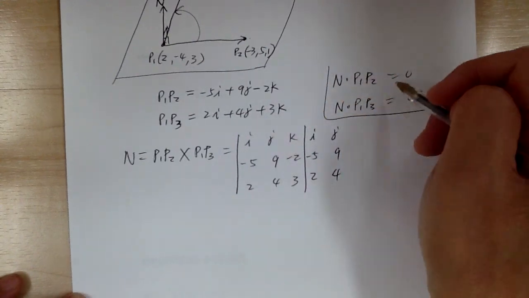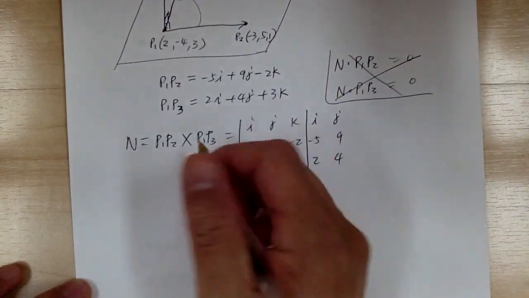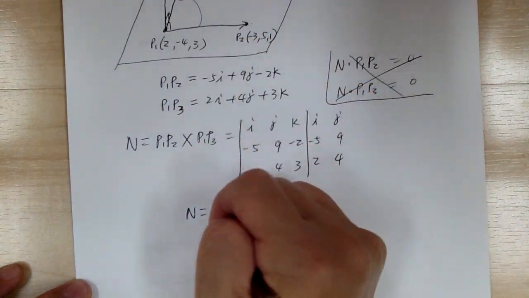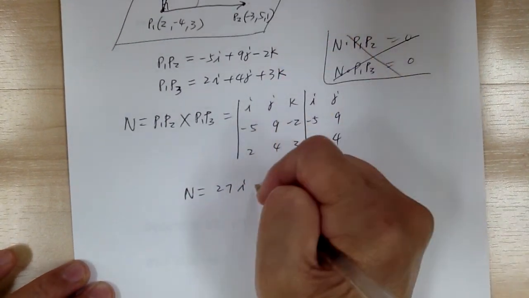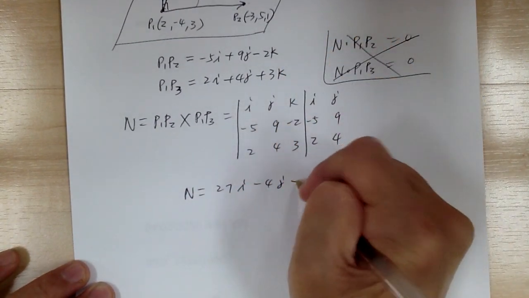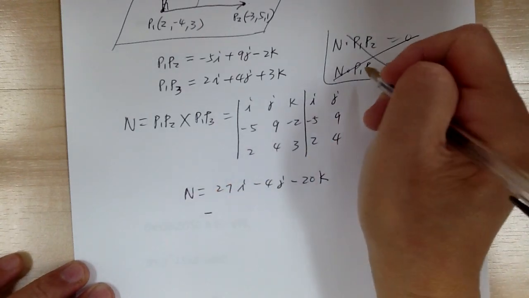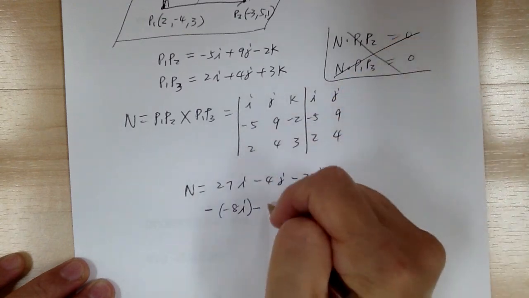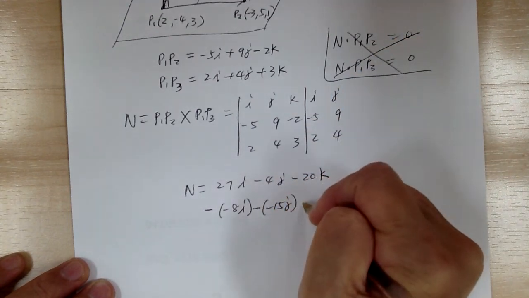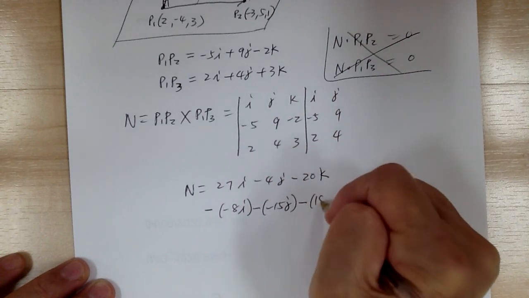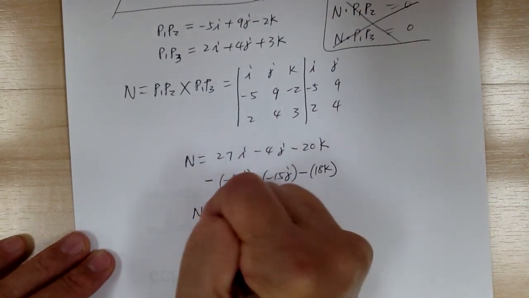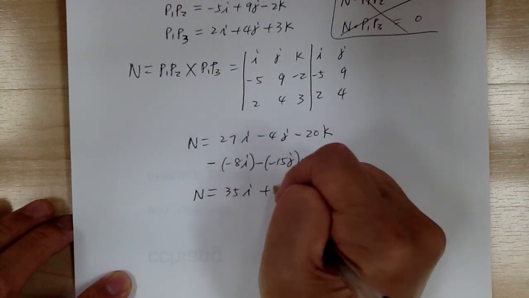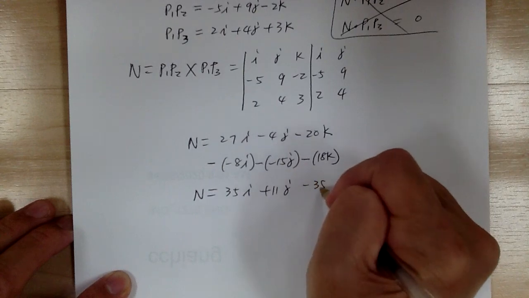So I would recommend you do this method. So n equals, you do the diagonal, so it would be 27i minus 4j minus 20k. Then do the opposite diagonal, so this would be minus 8i minus negative 15j minus 18k. So your normal is going to be 35i plus 11j minus 38k.